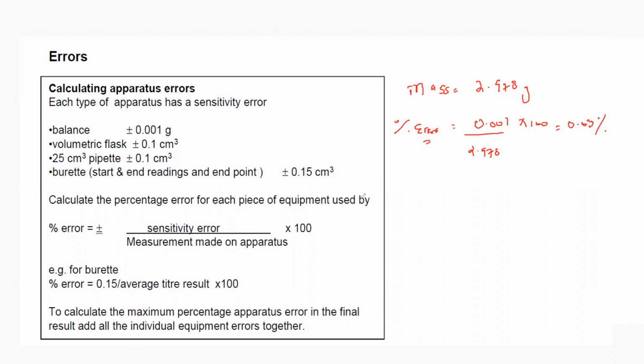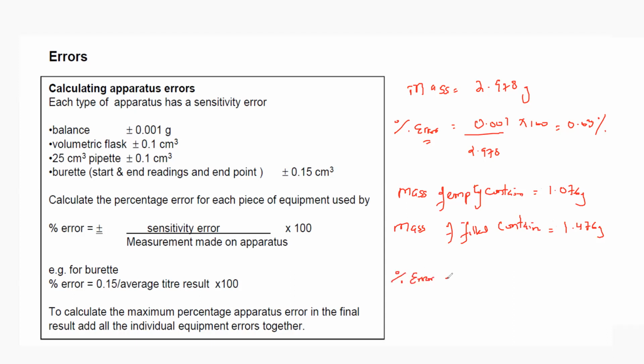For example, first we measure the mass of an empty crucible or container, say it comes out as 1.076, and then we measure the mass of the filled container, and that comes out to be 1.476, and we want to calculate the percentage error in the measurement of the mass.